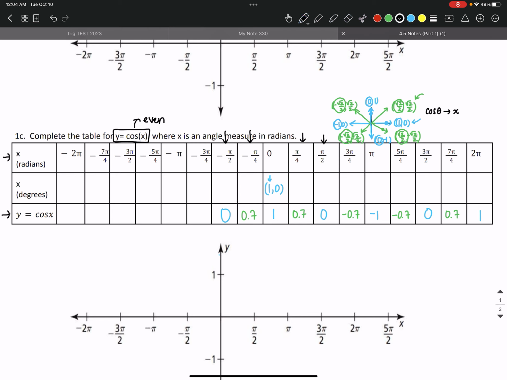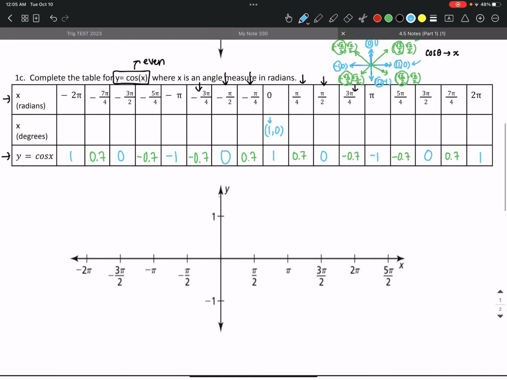If I do cosine of 3 pi over 4 and I get negative 0.7, then cosine of negative 3 pi over 4 is also negative 0.7. And I'm just going to do that all the way through. So for negative pi, it's going to be negative 1, just like it was for pi. For negative 5 pi over 4, it's going to be negative 0.7, then 0, then 0.7, and 1.